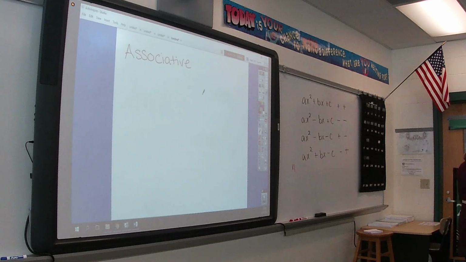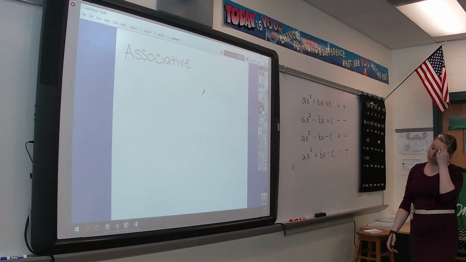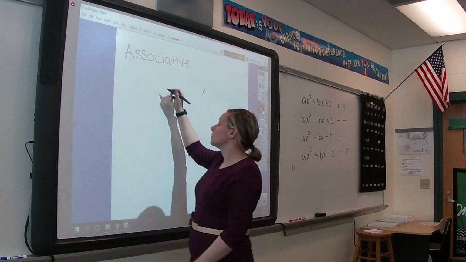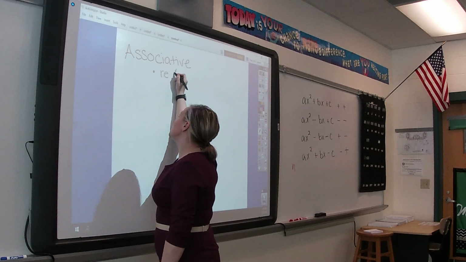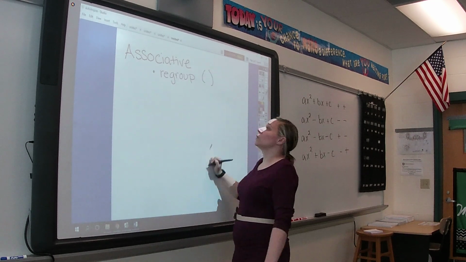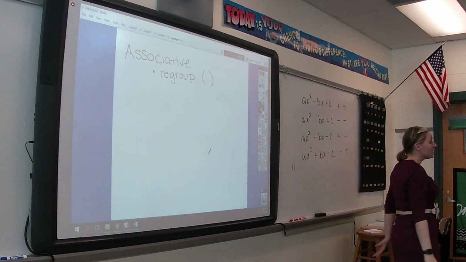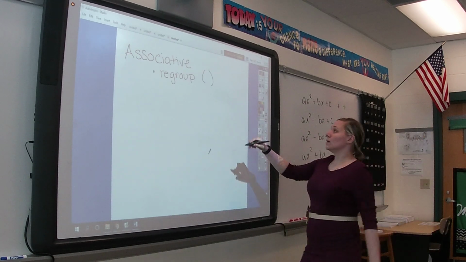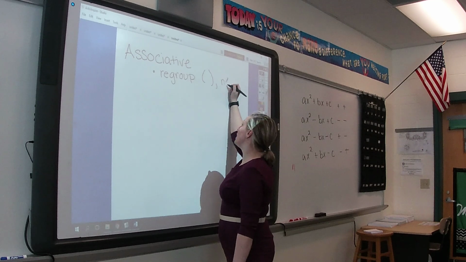Property number 2 is the associative property. The associative property allows us to regroup. We tend to regroup with parentheses, but we're not changing order.